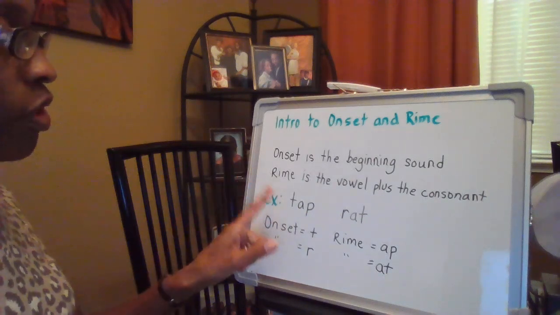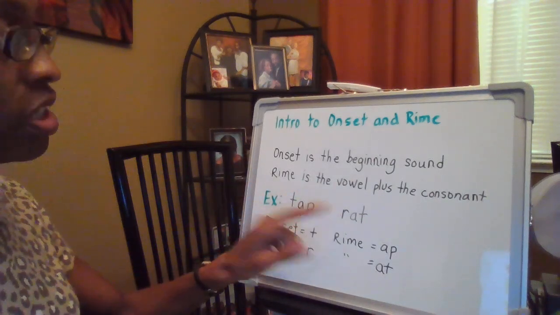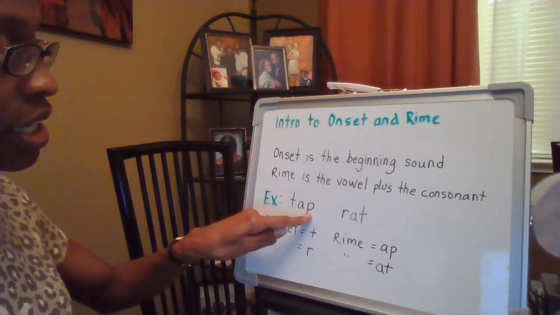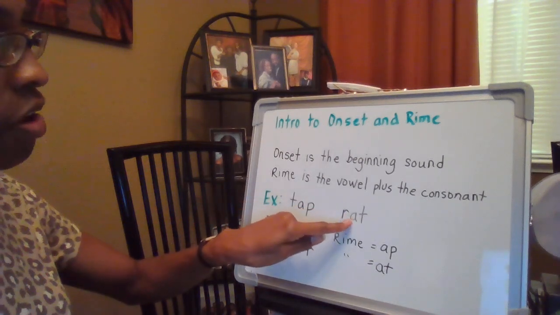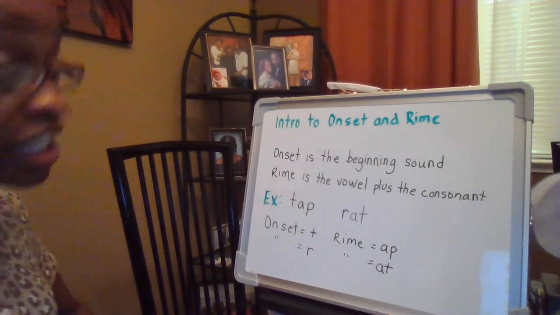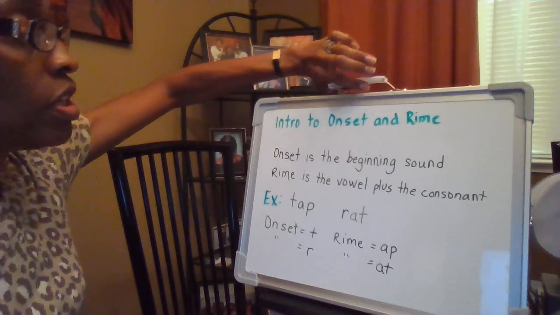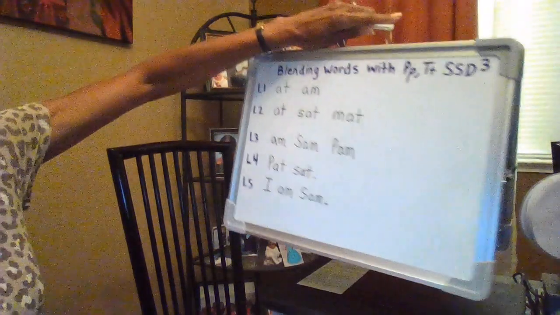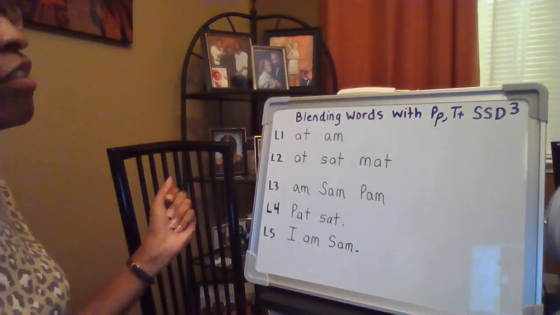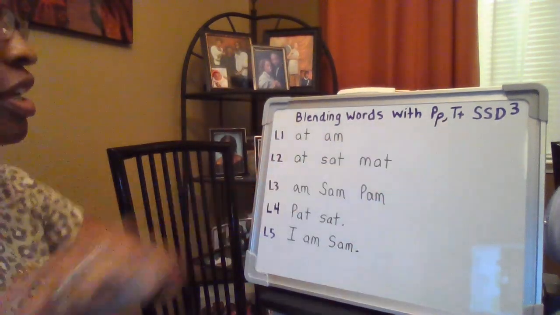Okay, so the beginning sound is your onset, and the vowel and the consonant would be your rhyme. Now we're going to read some words with onset and rhyme. Okay, and they have the P and the T.